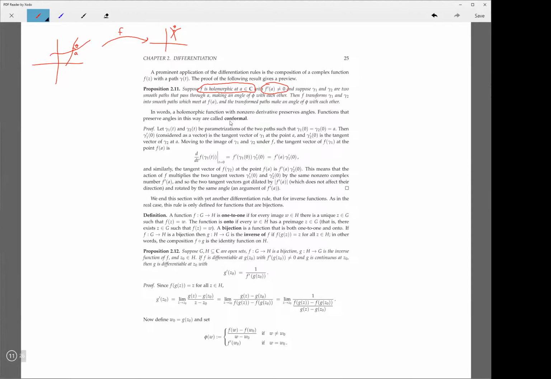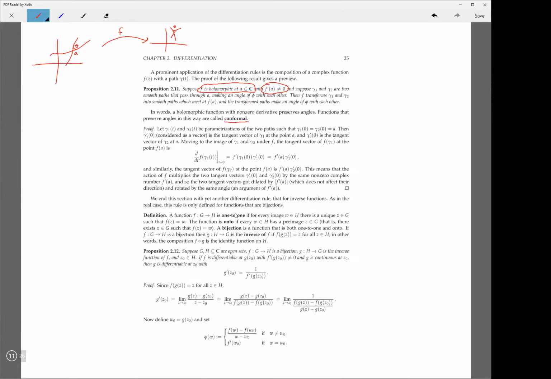When that happens, that's also called conformal, so conformal mappings. Okay, so let's move on.